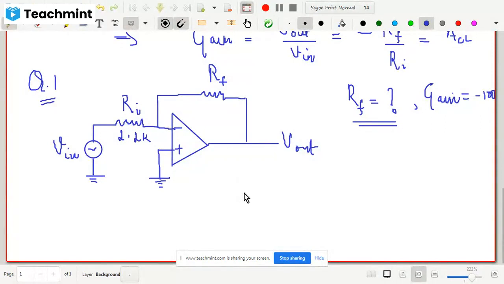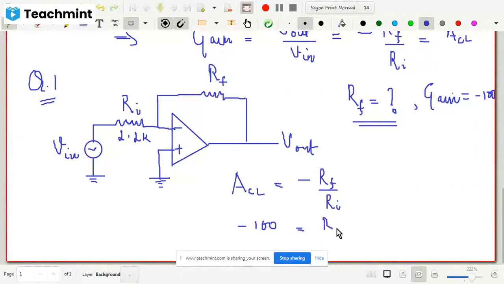Now you know the formula for finding out gain in an inverting amplifier: gain is equal to minus Rf divided by Ri, which we have just now completed, calculated. So now what is the gain here? Gain is minus 100, so I'm just putting minus 100 here. And what is the value of Rf?